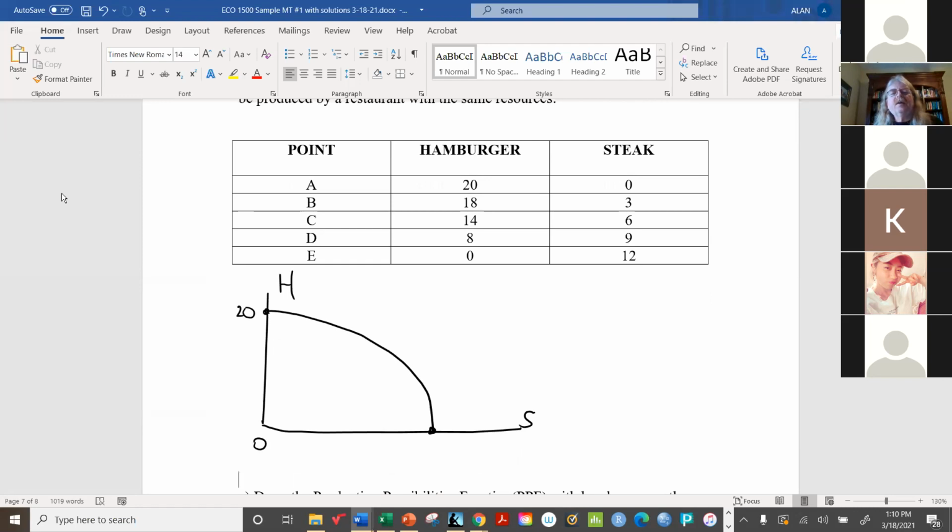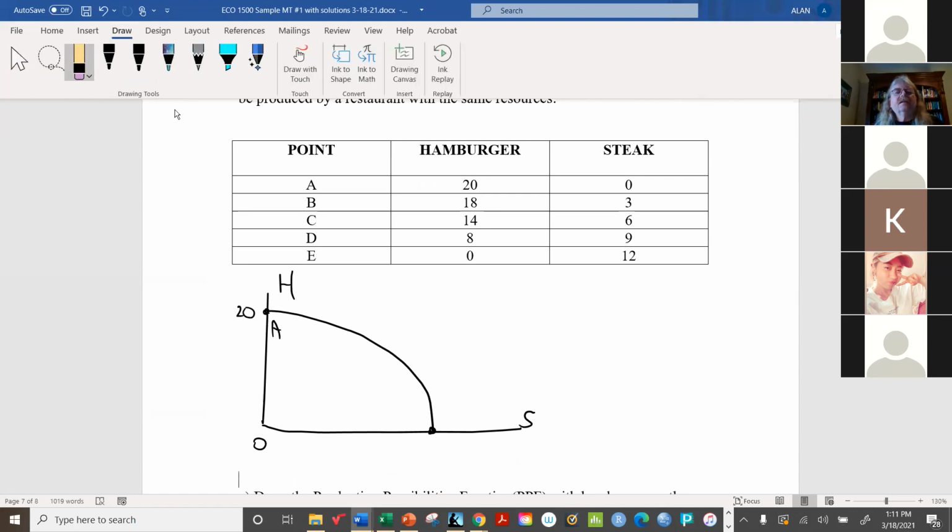So this is 20 hamburgers. This is point A. All right. Let's see. I want to make this as nice as possible. B would be, okay, that's A. B would be, let's say here.